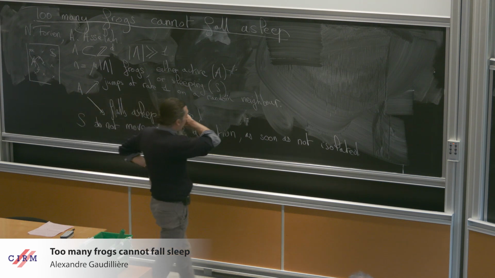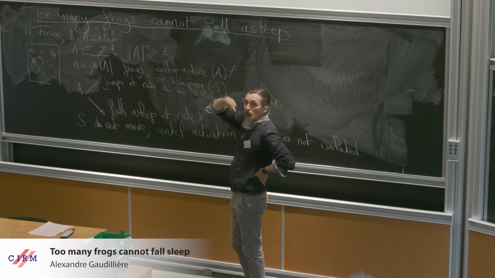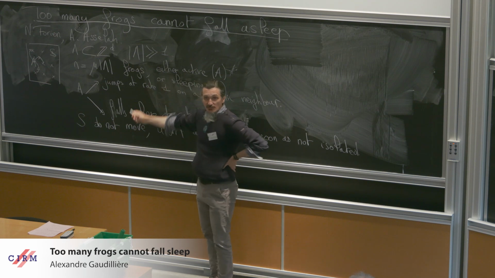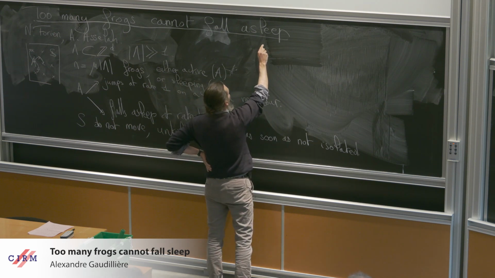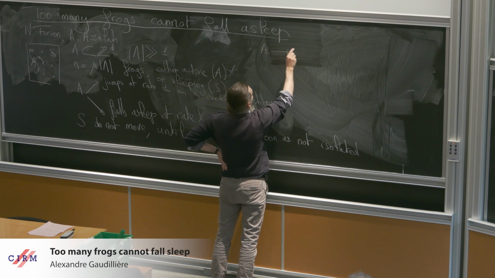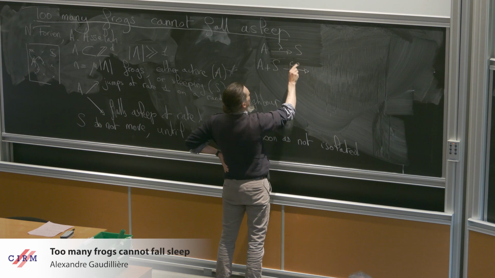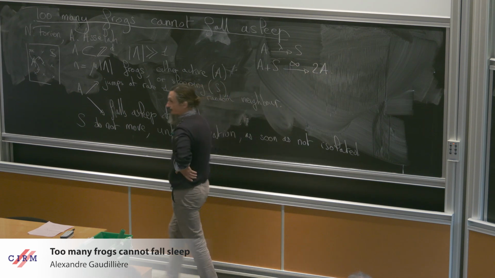This model, you can think of it as a reaction diffusion model. So the diffusion part is the fact that active frogs are diffusing. The reaction part is the fact that you can turn A to S at rate lambda, and an A and an S react instantaneously by making 2A.